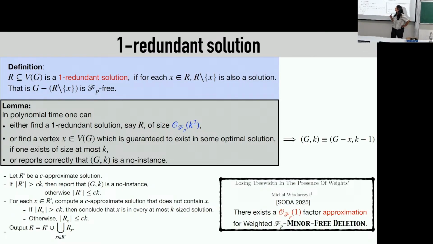Your final one redundant set will contain the original R prime and this Rx set for every original vertex of R prime. And this is one redundant. So you can find one redundant sets nicely, and for the remaining purposes, we know that we have a one redundant set of quadratic in K size.